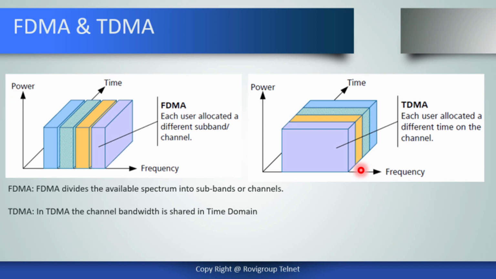This is also not an efficient way to use your available spectrum or bandwidth, because in TDMA and FDMA you cannot accommodate a higher number of users on your available bandwidth.